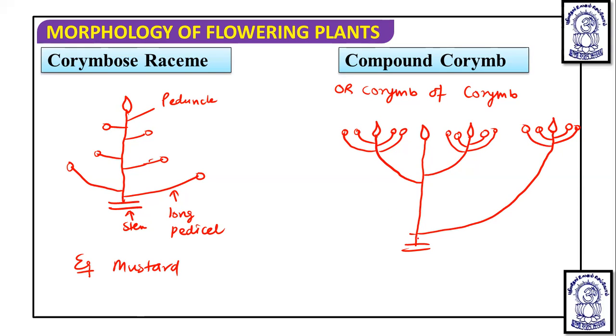So if a corymb type of arrangement is seen on a branch, then it is known as compound corymb. And this compound corymb is seen in case of cauliflower.